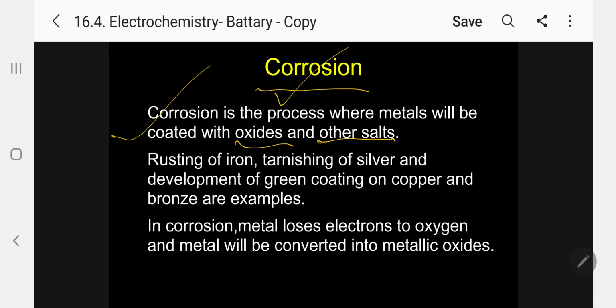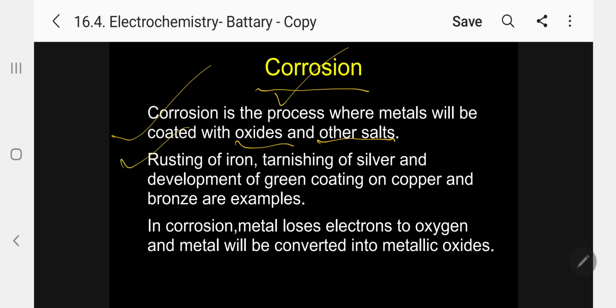After some time, when they are in the atmosphere for a few weeks or few months, you can see the dark rods becoming slightly reddish; the color will change. This is due to air oxidation. This oxidation we call corrosion.